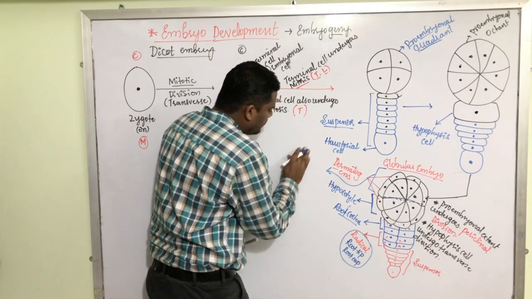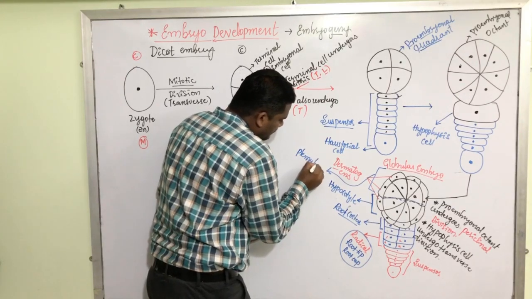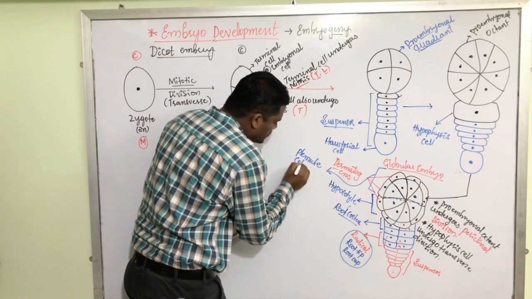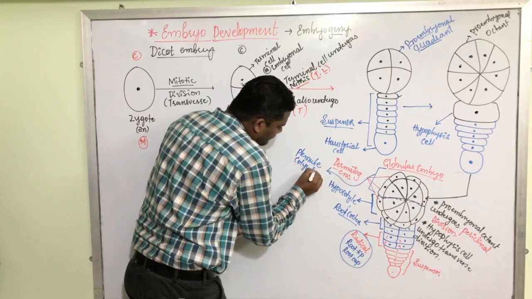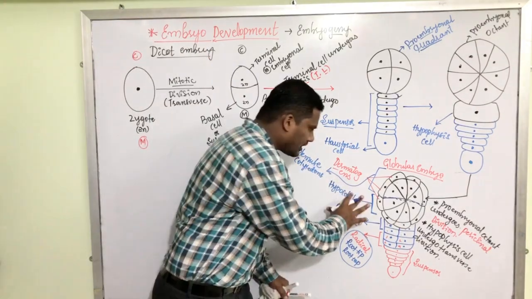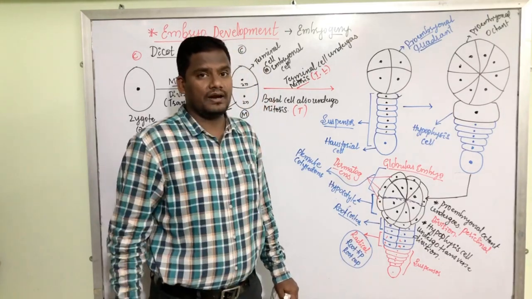They form the plumule and they form the cotyledons. Cotyledons of the embryo. This structure is very, very important for competitive exams, my dear friends.